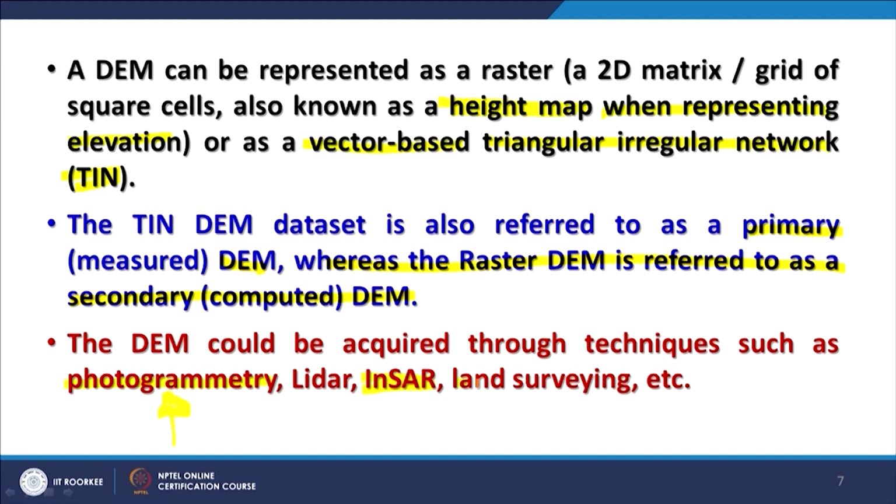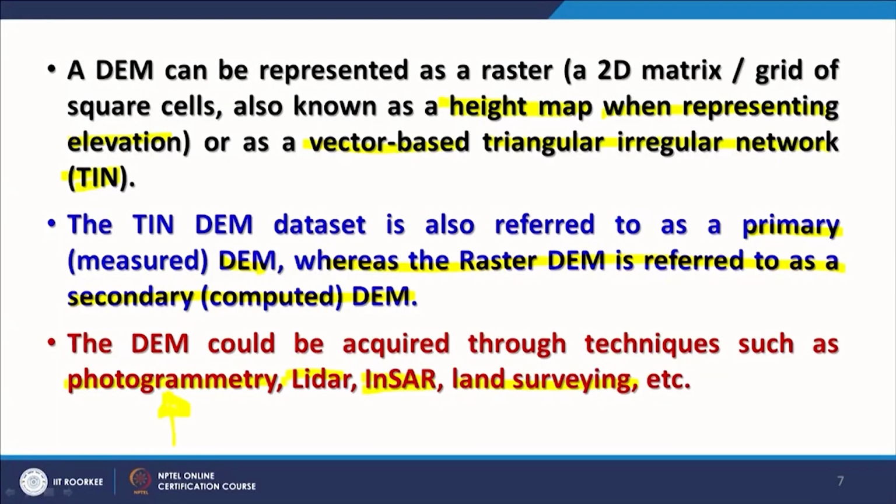And land surveying is another way: collect the point data and do the interpolation. Again you can create a surface and a DM. Or you can use another technique which is laser based, which is LiDAR. Generally it is used on the ground to create a 3D perspective of buildings or other features, but nowadays airborne LiDAR is also possible.